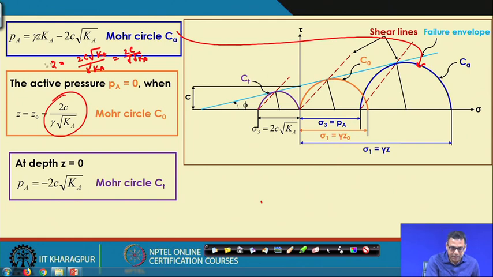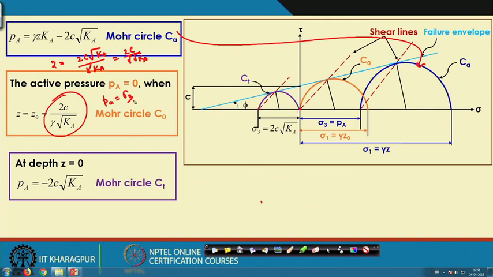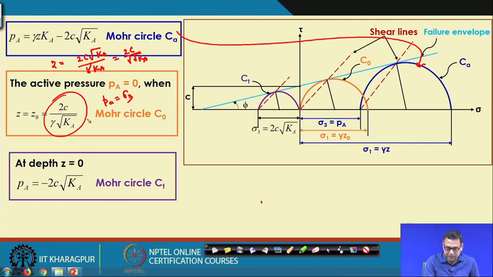Here your P_A value is 0, and you know that P_A is nothing but sigma 3, so your sigma 3 value will also be 0. Remember that in that case your Mohr circle will pass through the origin, because P_A is equal to sigma 3 and the value is 0.